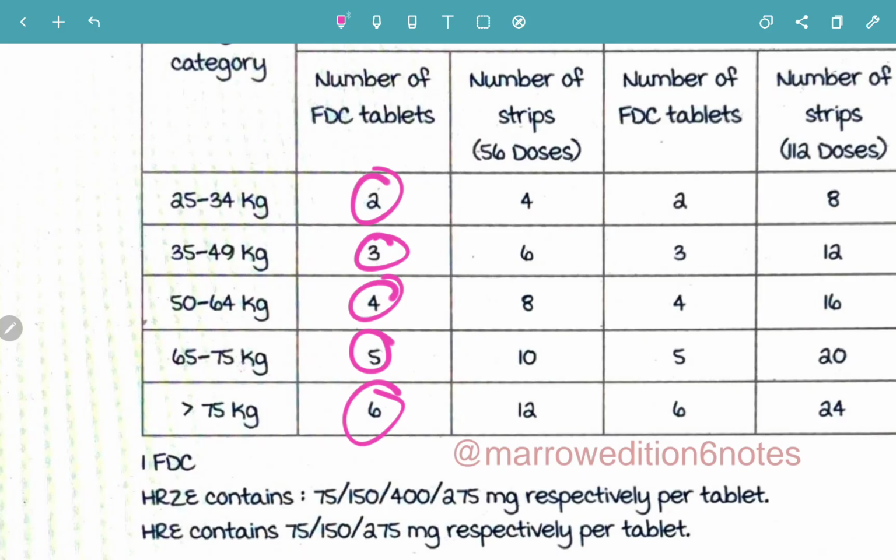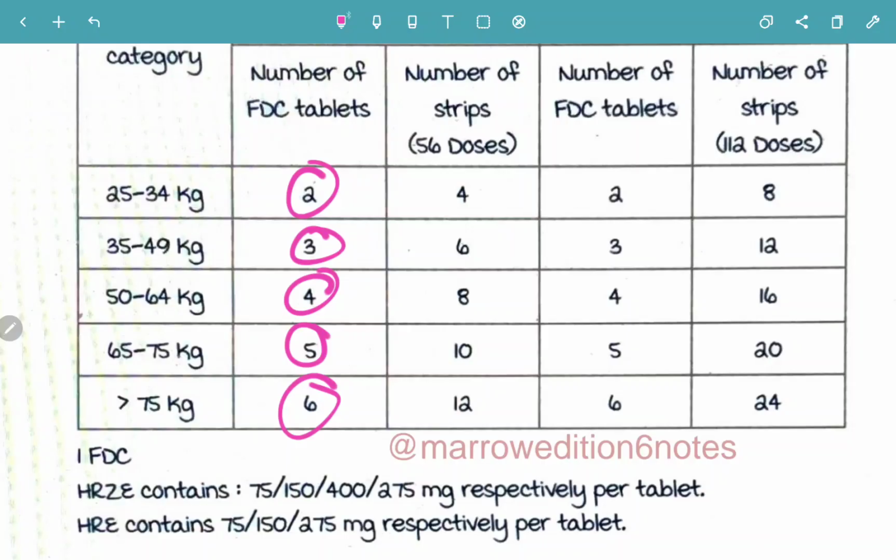So the number of strips, for totally 56 doses, is going to be 4 strips, 6, 8, 10, 12, respectively.